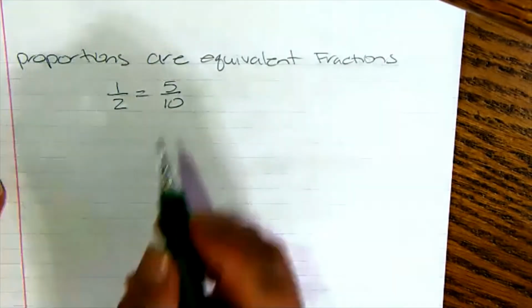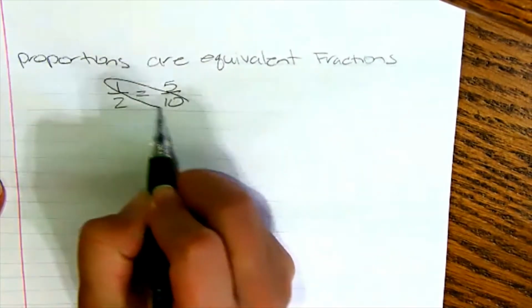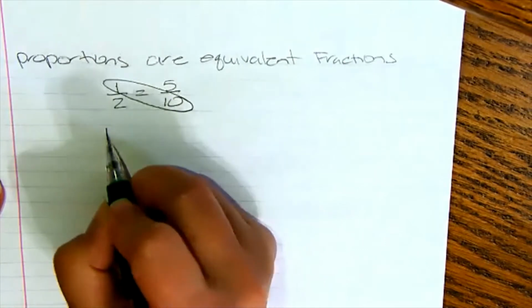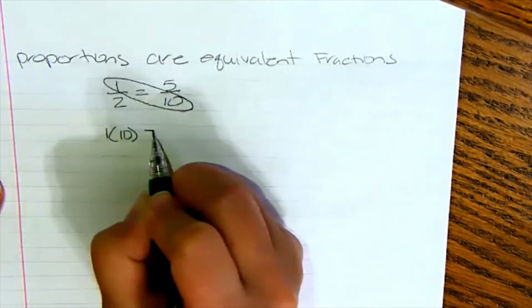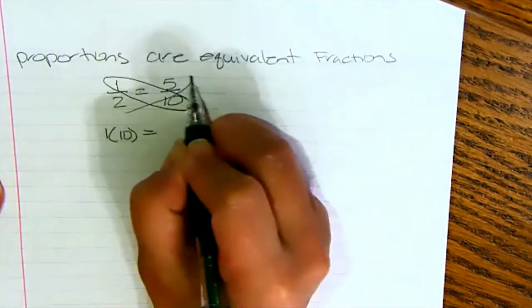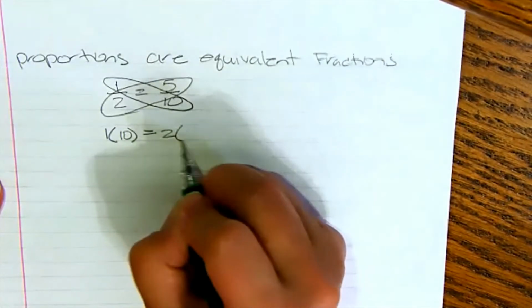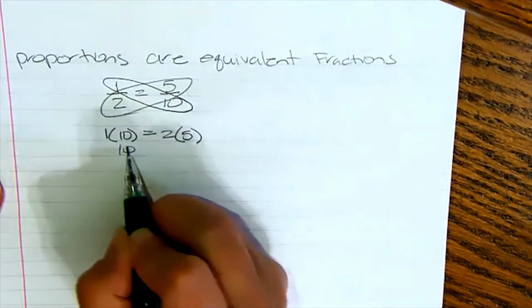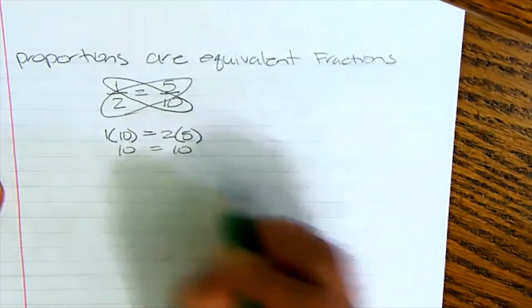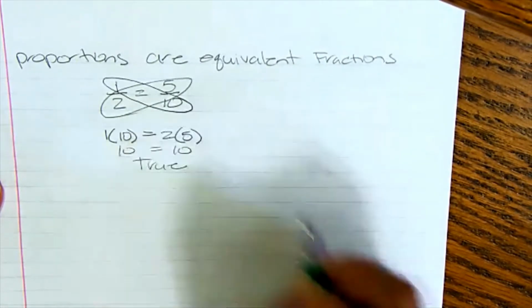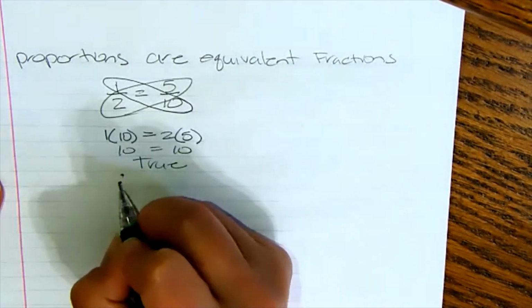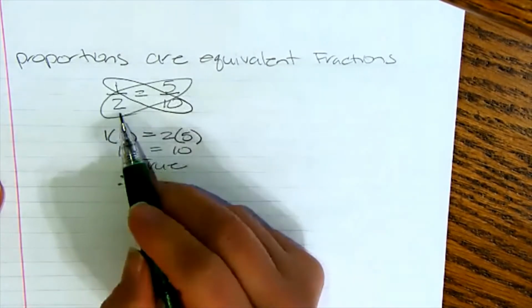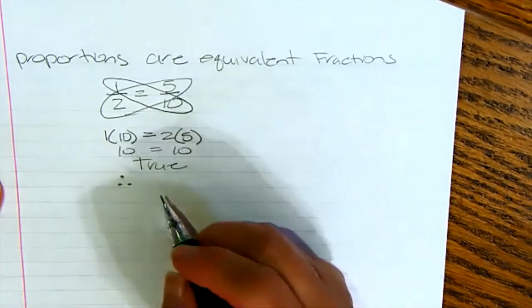How do we prove that these are equivalent fractions or that they are proportional? We do that funny thing called cross multiplying. 1 times 10 should equal 2 times 5. 1 times 10 is 10. 2 times 5 is 10. This is a true statement. Therefore, 1/2 is equal to 5/10.